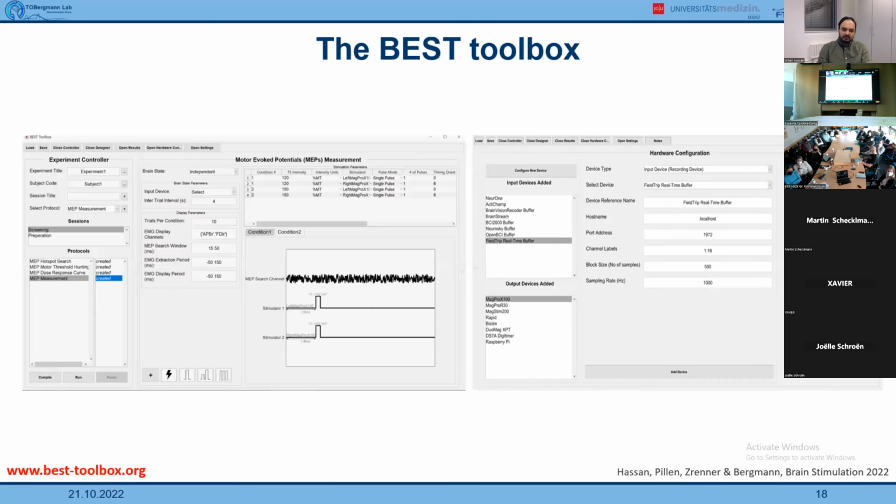So with this I have covered all of our sleep spindle triggered EEG-TMS studies and results. In addition to that, I also want to talk a little bit about the BEST toolbox, because it also has one feature for real-time TEP studies. Three to four years back when I started my PhD, I started developing this toolbox with my collaborators, and the idea was to have a graphical interface, a nice software that can be a home for designing brain stimulation experiments.